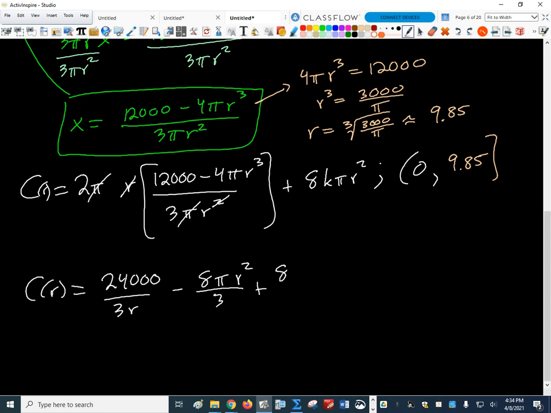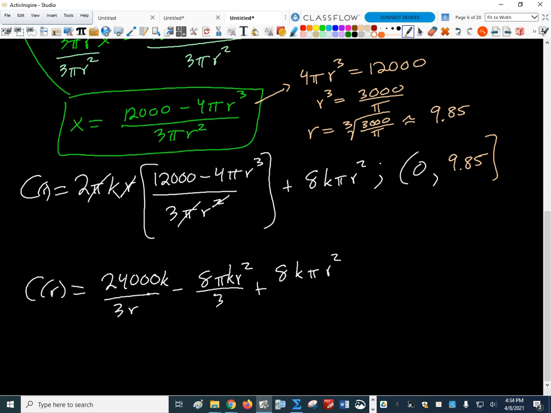Let's put that back in there. So that's giving me 24,000 k over 3r minus 8 pi k r squared over 3 plus 8k pi r squared.